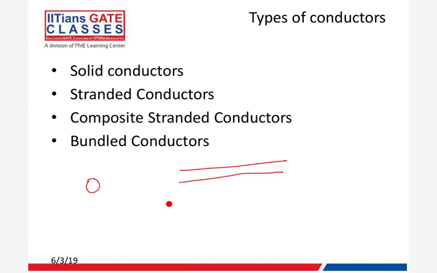If this is A, the whole A will be one solid line. In a standard conductor, we use n strands having area A by n. So effectively, when you bundle them, the effective area is A, right?